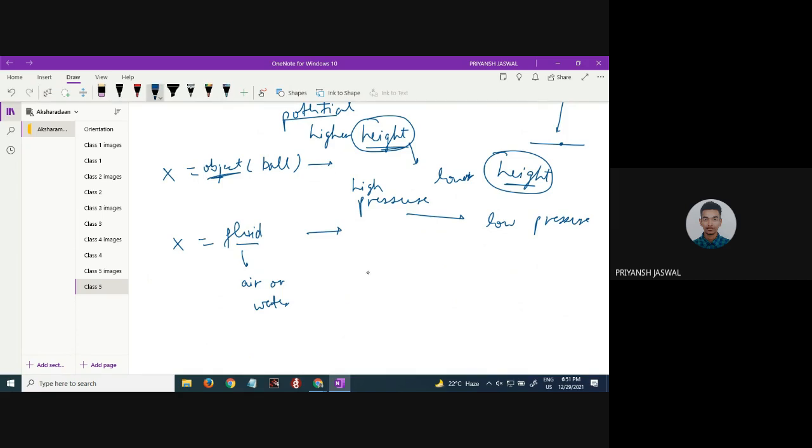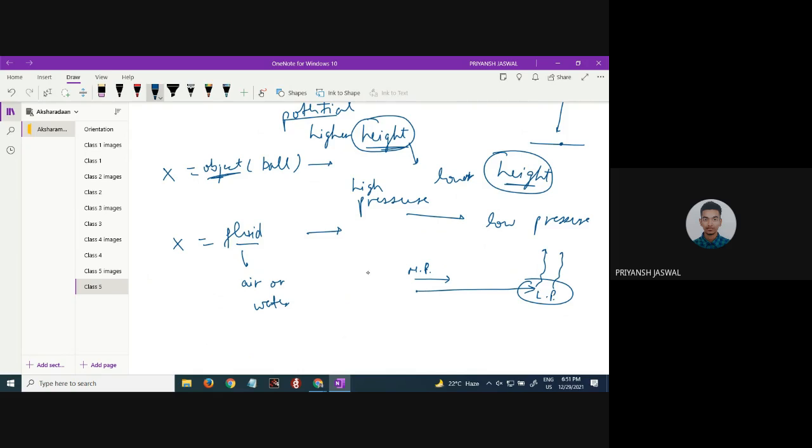Air also, if it's a hot day, then the heat will make the air light and it will travel upwards, and there will be a low pressure region. So wind will flow, or the air will try to rush into this region from the surroundings. That's why it creates wind also. So from high pressure region to low pressure region, this is the direction of a fluid, in the case of air and water.